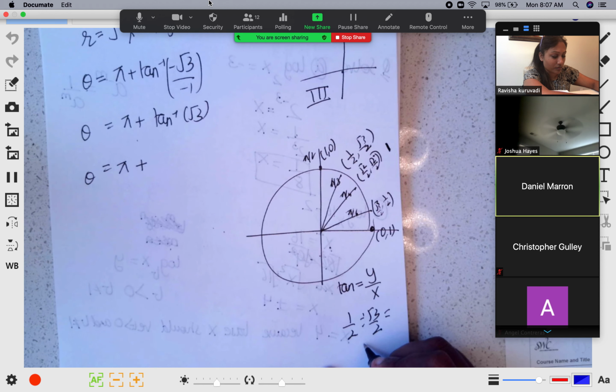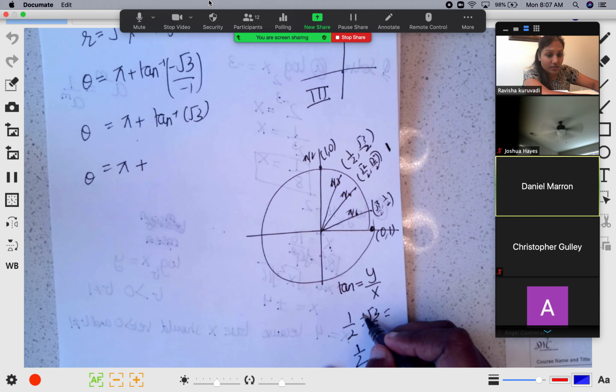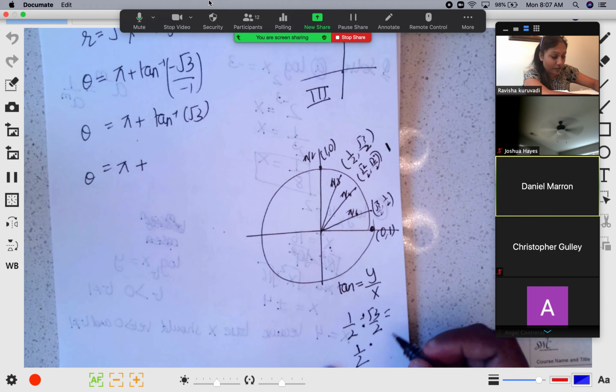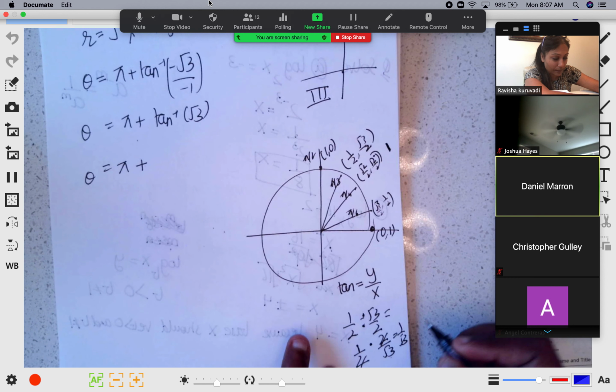Since it's division, first you have to flip them and they cancel. You're left with 1 over root 3.